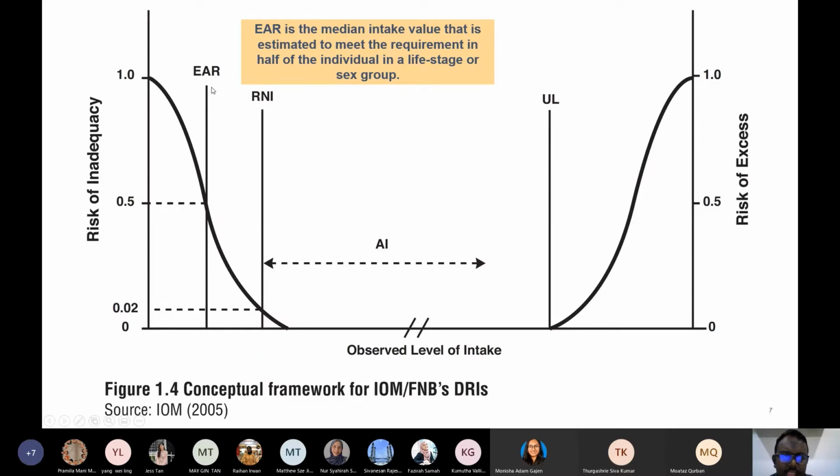EAR is the median intake value that is estimated to meet requirement in half of the individuals in a life stage or sex group. So around 50% of the risk of inadequacy is targeted at EAR. Whereas RNI is around 97.8 or 98% achieving the required nutrient, and the risk of inadequacy is just around 2% here. Okay, so that is RNI.